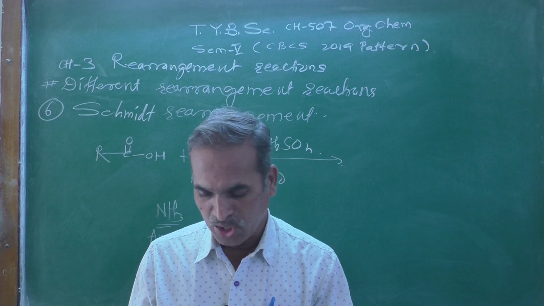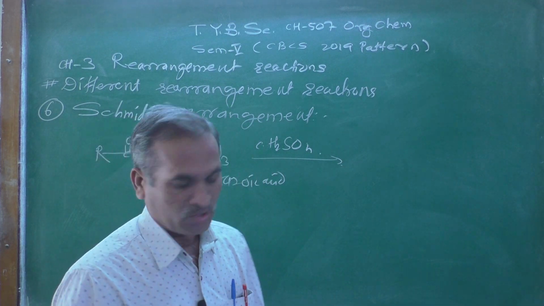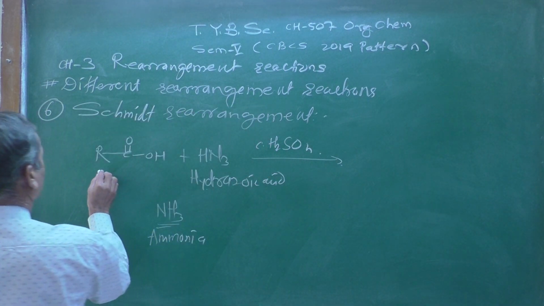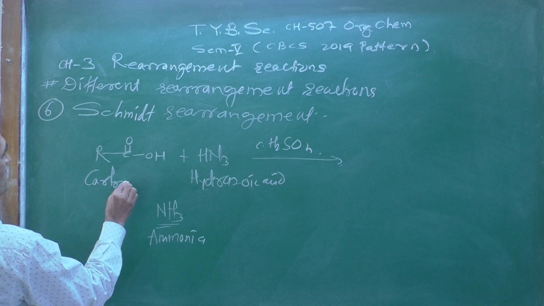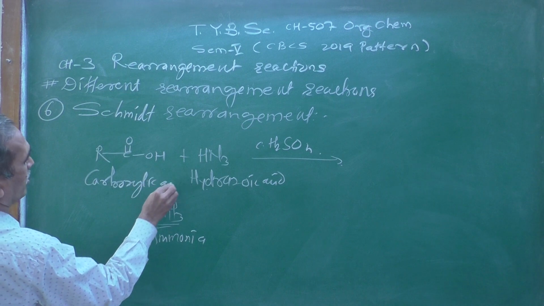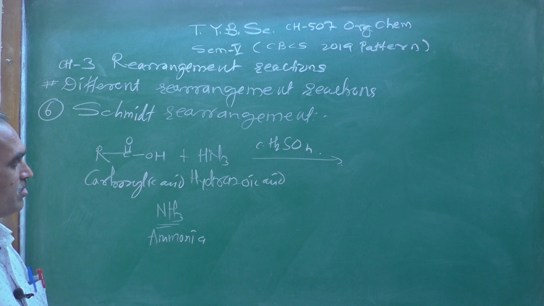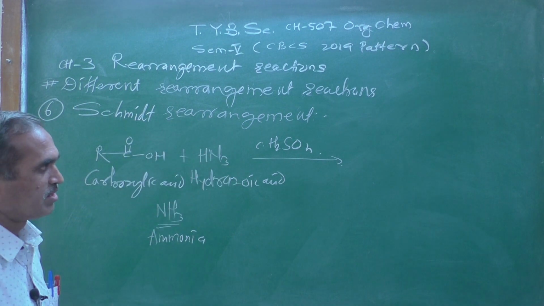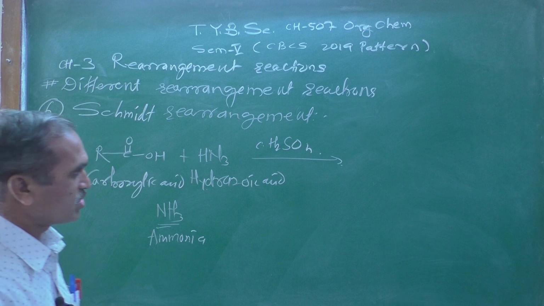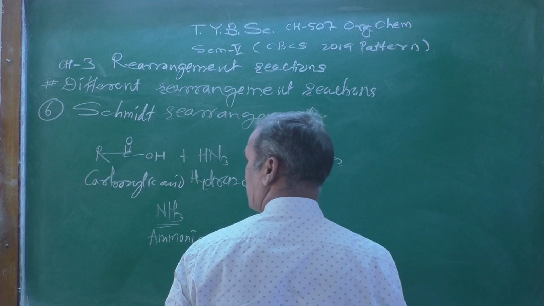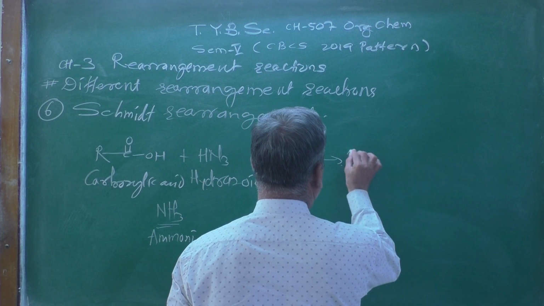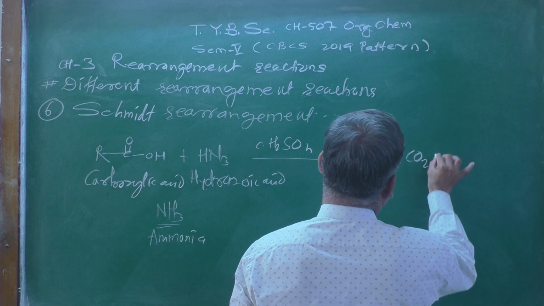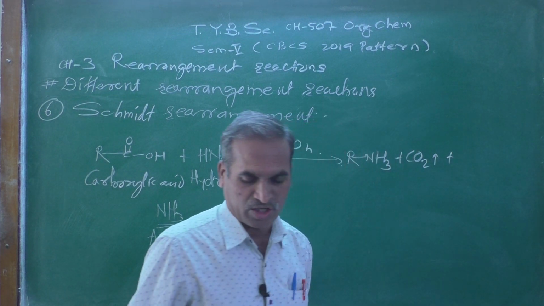The end product obtained is the conversion of this carboxylic acid, with the help of hydrazoic acid in the presence of concentrated sulfuric acid, to RNH2 plus carbon dioxide that goes into the atmosphere.